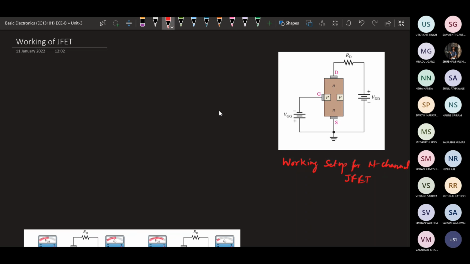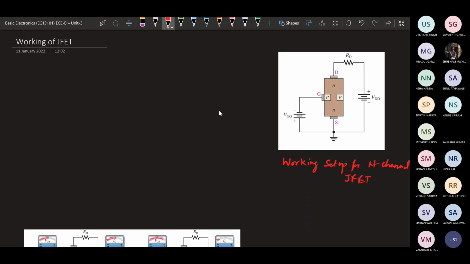This gate needs to be reverse biased if the JFET is going to operate. The negative gate voltage will control the current flowing through the channel. If the channel is this wide, the current will be high.